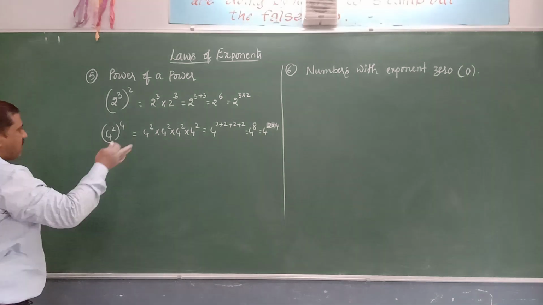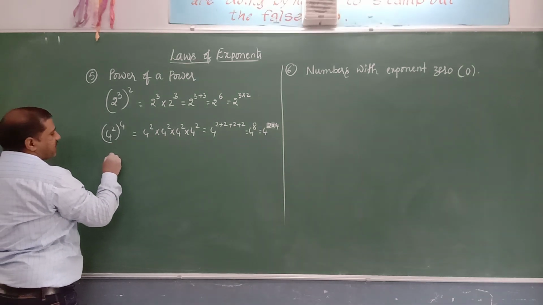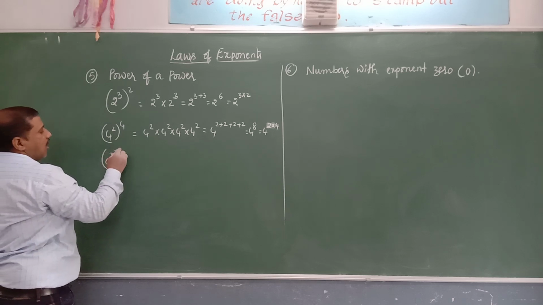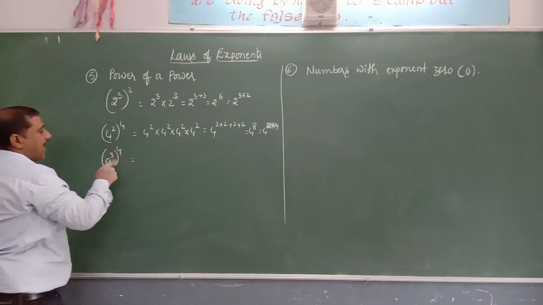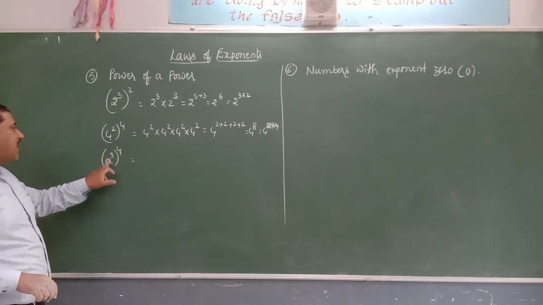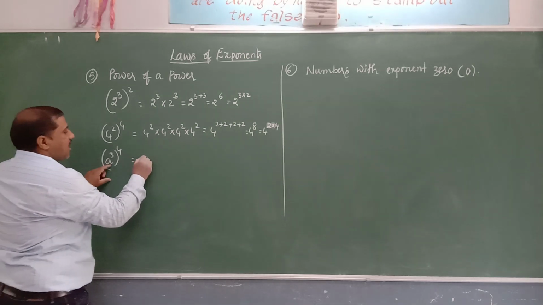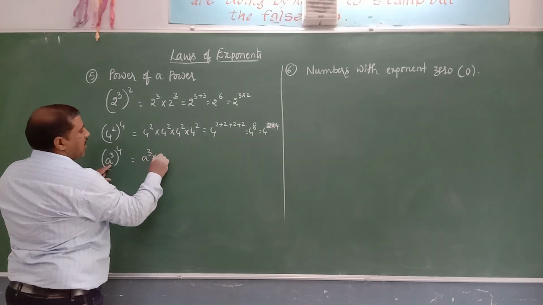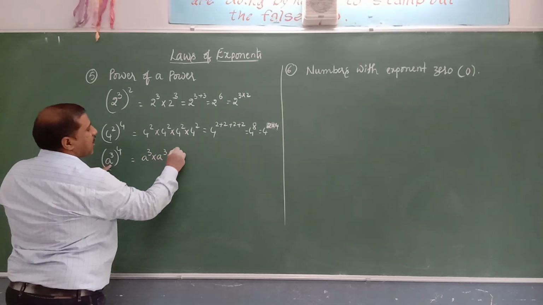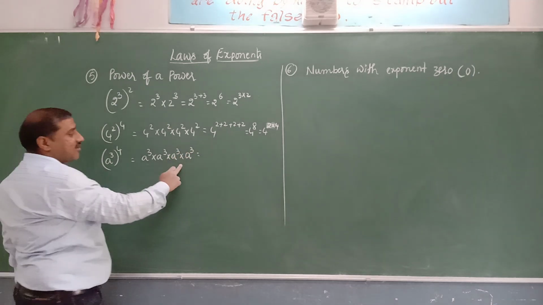Now we will take one variable. a to the power of 3, or a cube, whole to the power of 4. Whole to the power of 4 means a to the power of 3 is multiplied by itself 4 times. That is a cube into a cube into a cube into a cube. Again apply the first law of exponents.